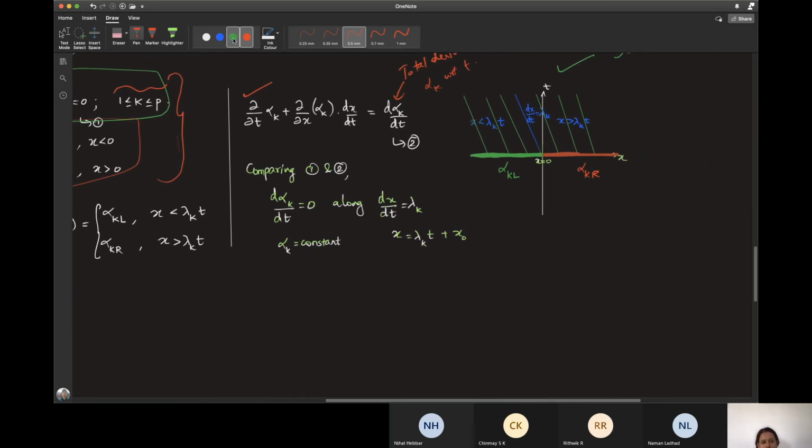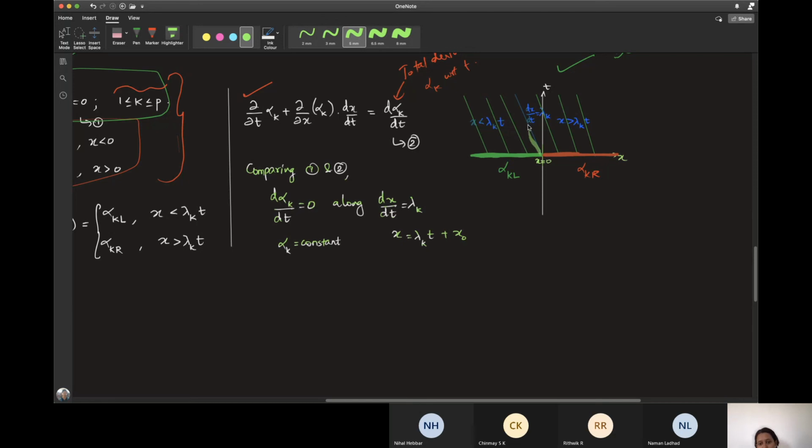So this is the line which passes through x equals 0. In this region your alpha k is all the same, because along each and every line your alpha k remains constant, and towards the left of x equals 0 on the whole x-axis your alpha k is the same.